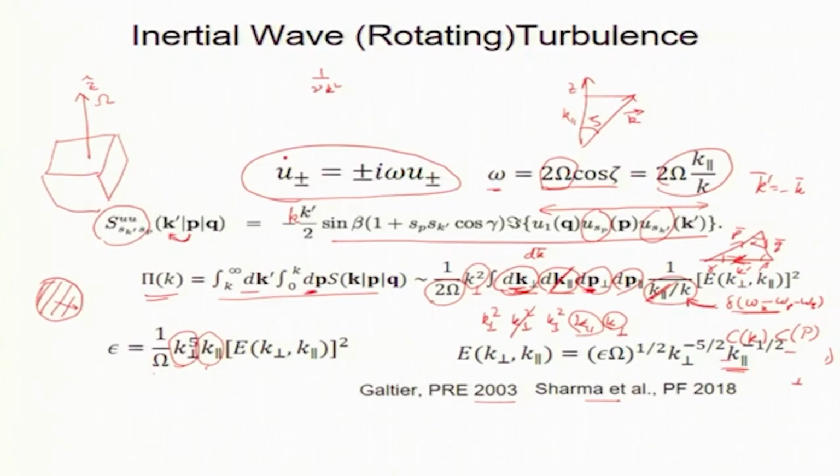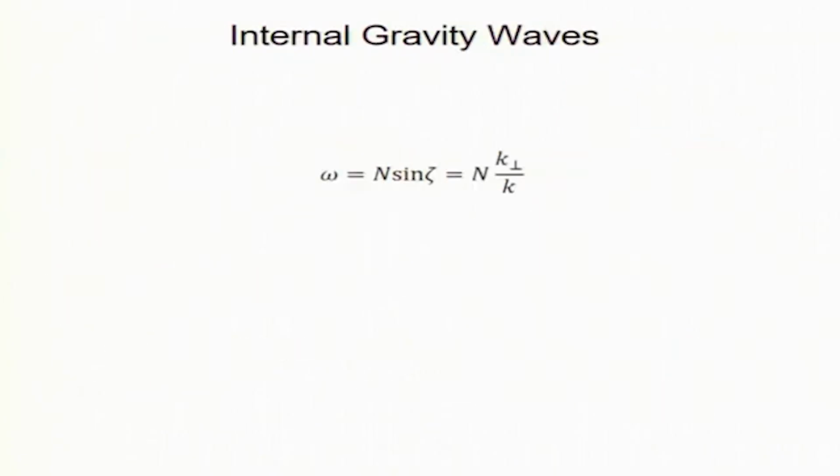Now, let us do another one, which is called internal gravity waves. On Earth there is a gravitational field g acting this way. So, dense fluid is below and lighter fluid is above. If there is no motion, it is just a stacked-up flow, with density decreasing with height.